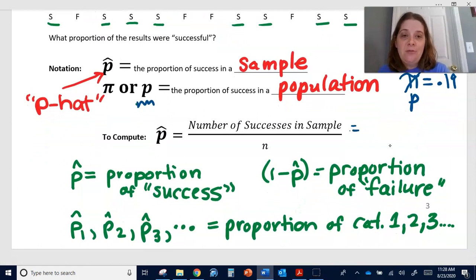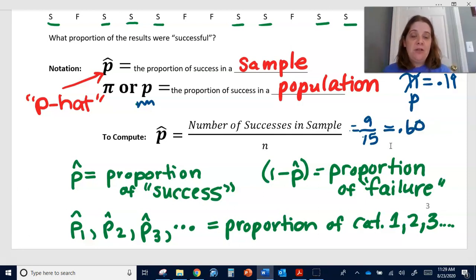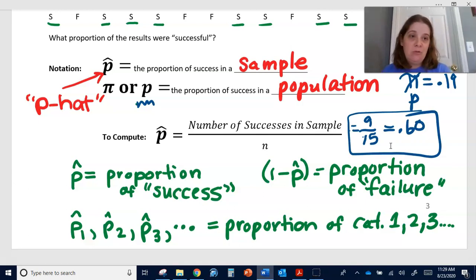In our case, that would be 9 out of 15, which would be 60%. Okay, generally we would express a proportion as a decimal or a fraction, okay? And I don't normally see a really good reason for writing it as a percentage unless you're specifically asked in the problem for a percentage. Otherwise, just leave it as the fraction or just leave it as that decimal.